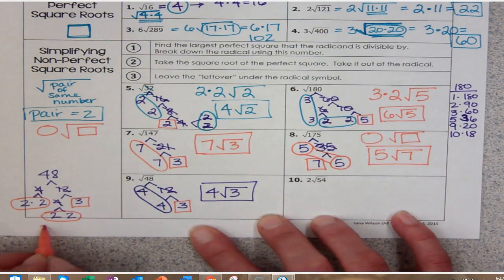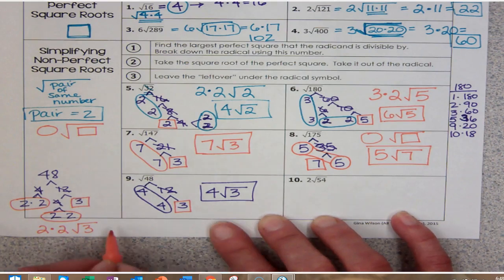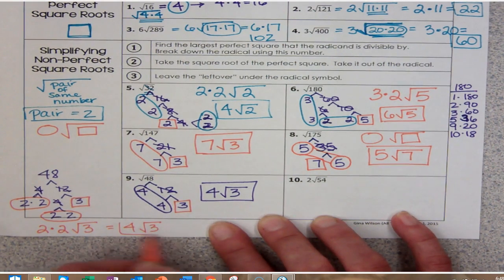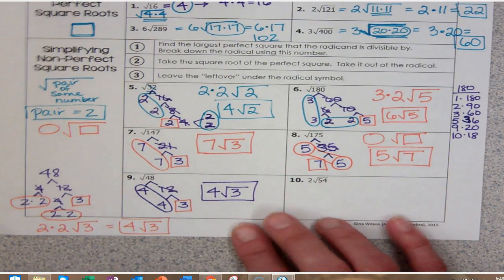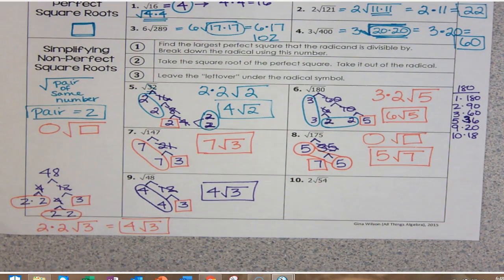I'm going to take 1, 2 out from this pair times 1, 2 out from this pair, and I'm left with 3 in the box. 2 times 2 is 4, square root of 3, and look at that. They're the same. So it works out both ways. It just saves you a little bit of work if you can find a pair early on.